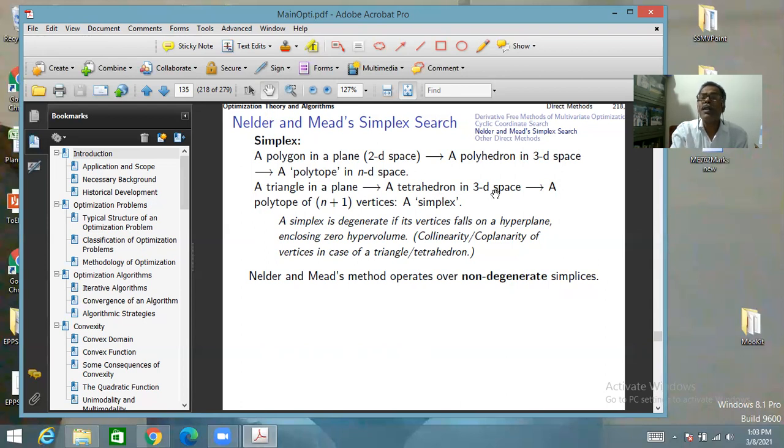In 3D space, the smallest polyhedron that you can think of is tetrahedron, okay, 4 vertices, 3 plus 1. Similarly, a polytope with n plus 1 vertices in n-dimensional space is known as a simplex.